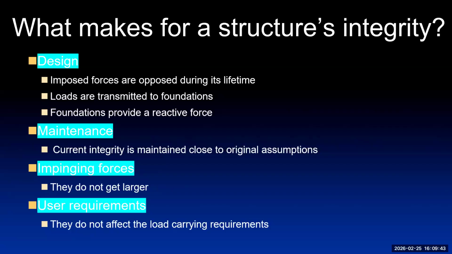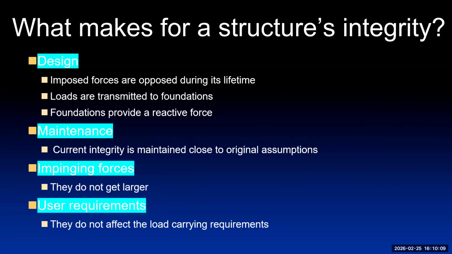Thirdly, impinging forces. If they change, or if there are other structures which adjust wind forces or the soil-structure interaction, then possibly these forces can get larger. If they do, then the integrity can be a problem.